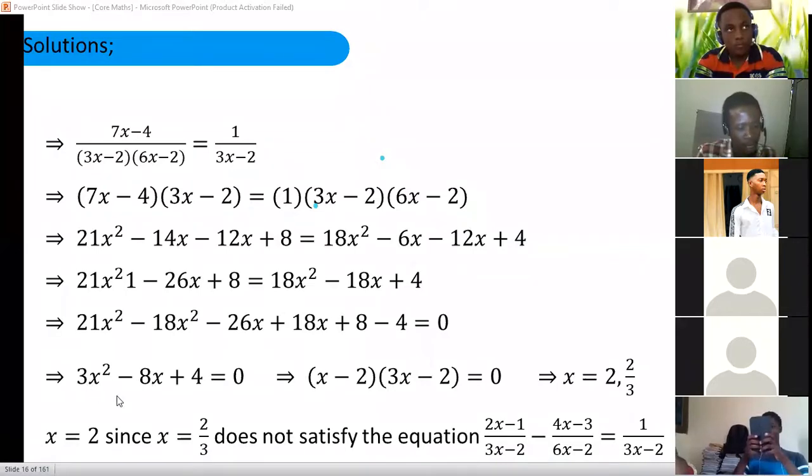When we solve 3x squared minus 8x plus 4 is equal to 0, first we need to factorize it.